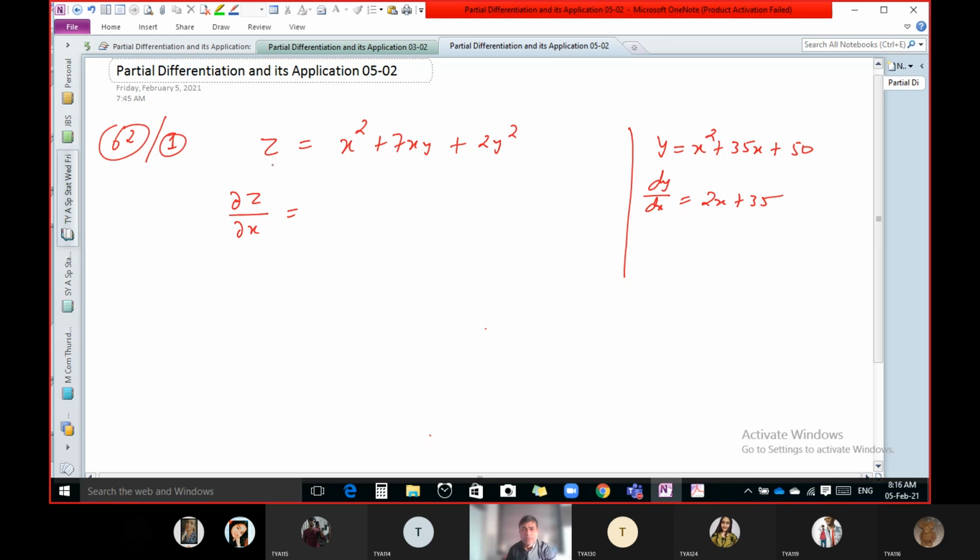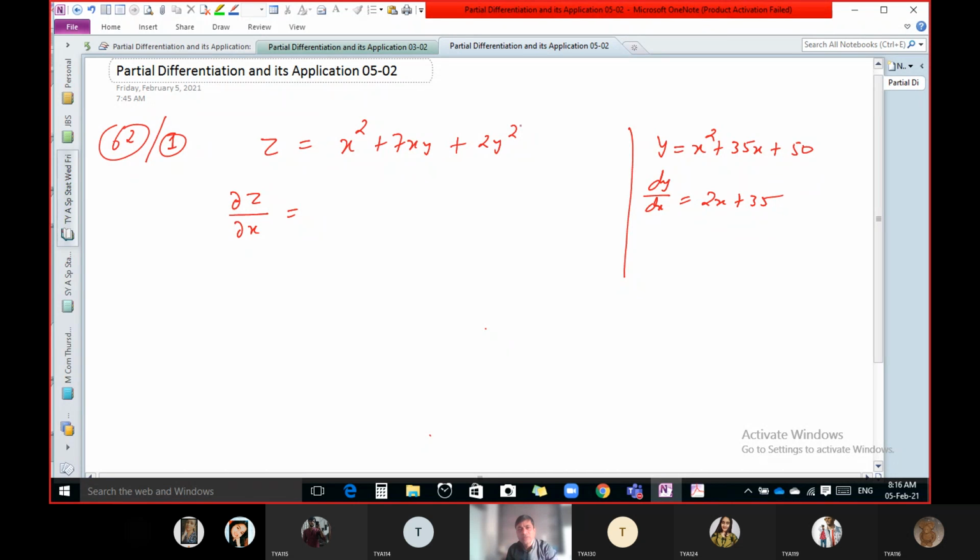Here, when we differentiate z with respect to x, then we have to assume y as a constant number. You can assume any number, let us say 5.